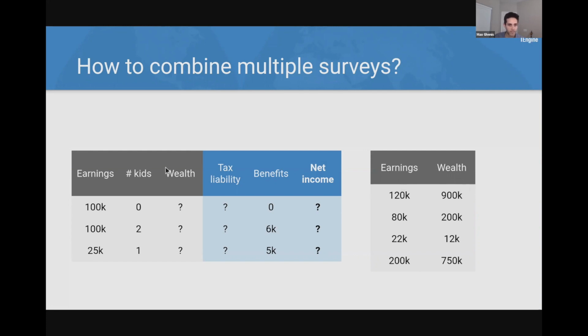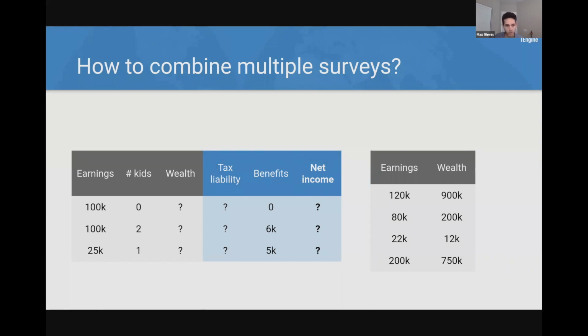So in the US, to be concrete, this might be on the left side the Current Population Survey, and on the right side might be the Survey of Consumer Finances. And this doesn't have all the information that you need to calculate all the other taxes and benefits, but it does have this wealth variable. So the question is, how do you use this data to estimate wealth in this data set?